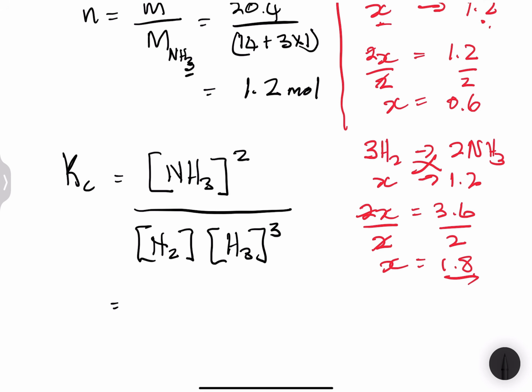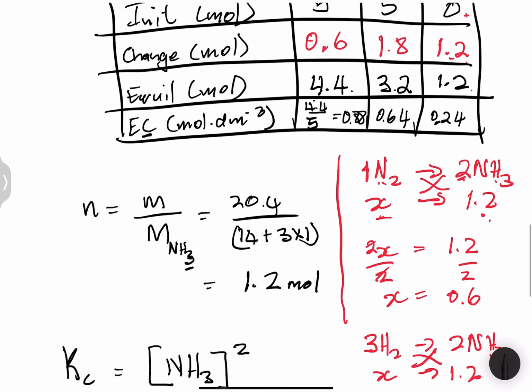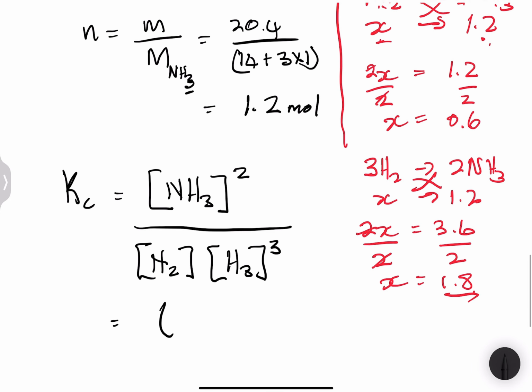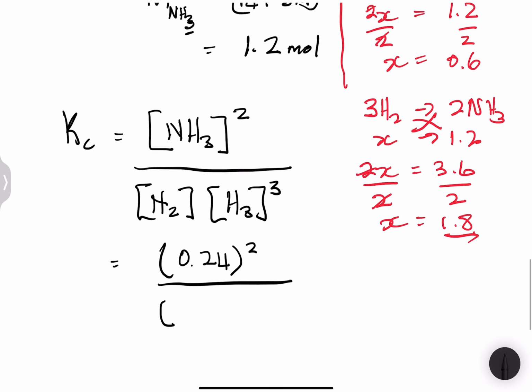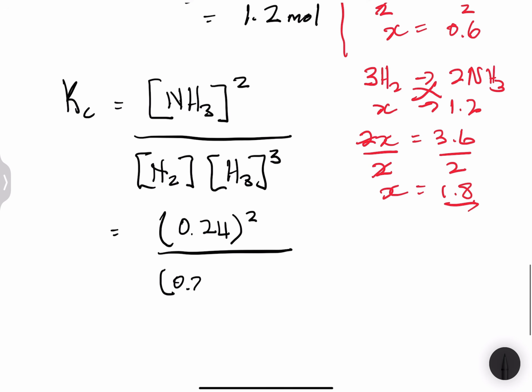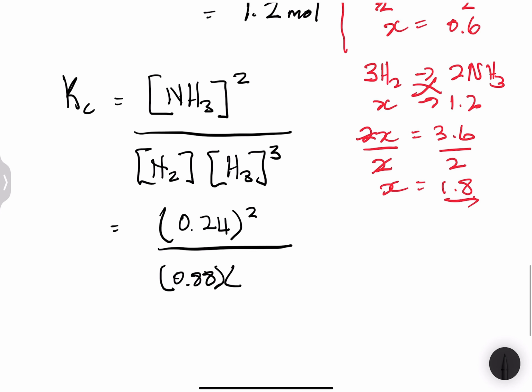Now, of course, we're going to substitute our values. So that's 0.24 squared divided by, for nitrogen, 0.88, and for hydrogen, 0.64, but remember, that is cubed.